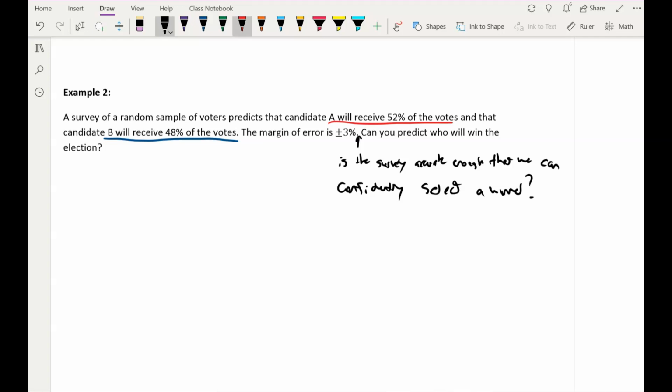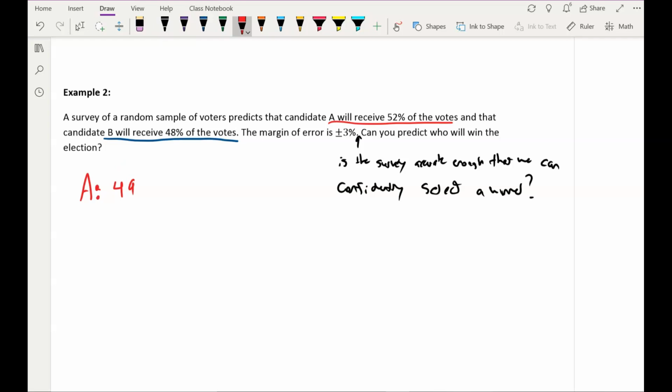So let's first just figure out what's the interval that A could possibly have for actual values in the population. So if we extrapolate this to the population, well, we know that about 52% of it, but there's a margin of error, so really we could have 52% minus 3, which would be 49%.